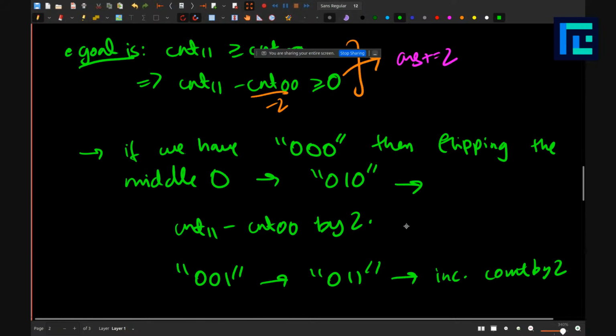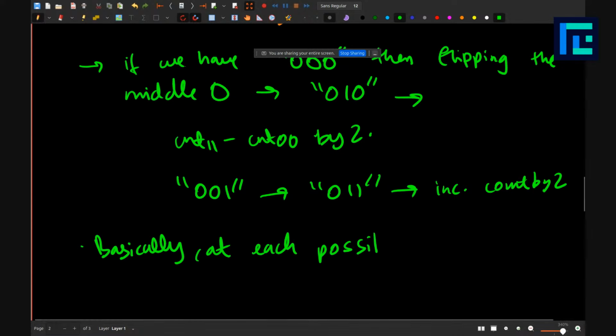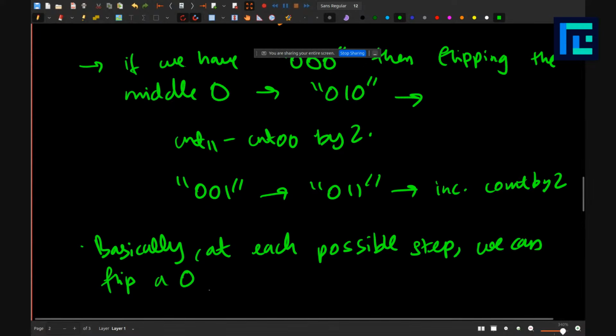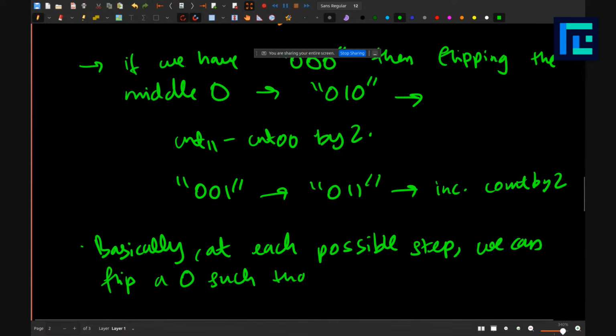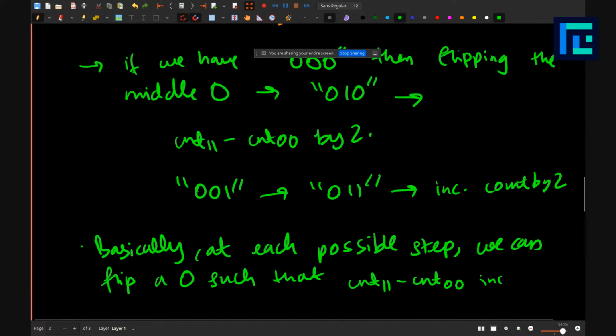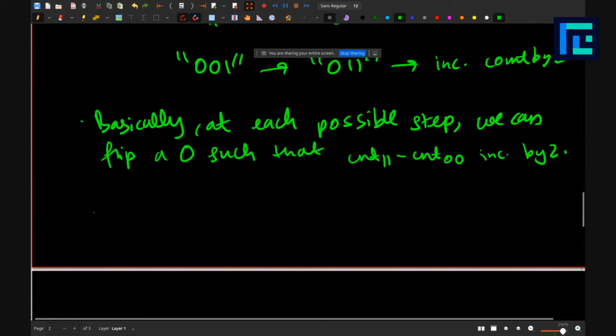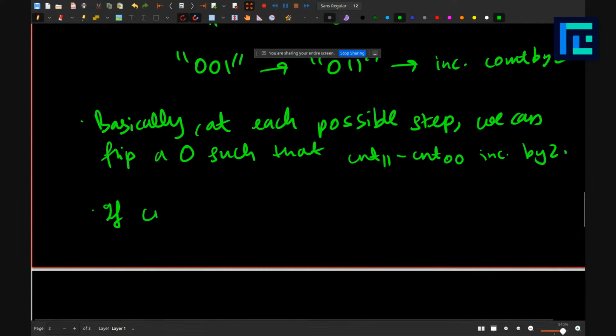So basically at each possible step, if we can flip a 0 such that this quantity, count 1 1 minus count 0 0, increases by 2, right?